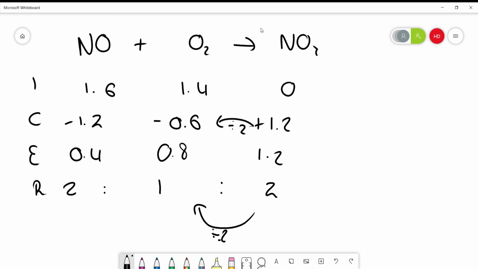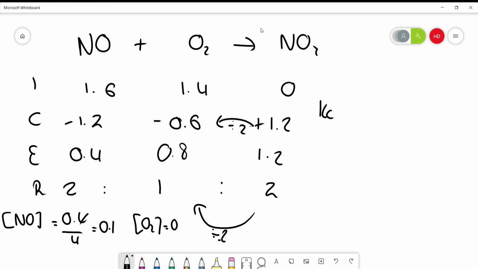Substitute that into your Kc equation. However, that's the number of moles. So the concentration of NO is 0.4 over 4, which is 0.1. Concentration of O2, 0.8 over 4, 0.2. And the concentration of NO2 is 1.2 over 4, which is 0.3. Substitute that into your Kc expression.